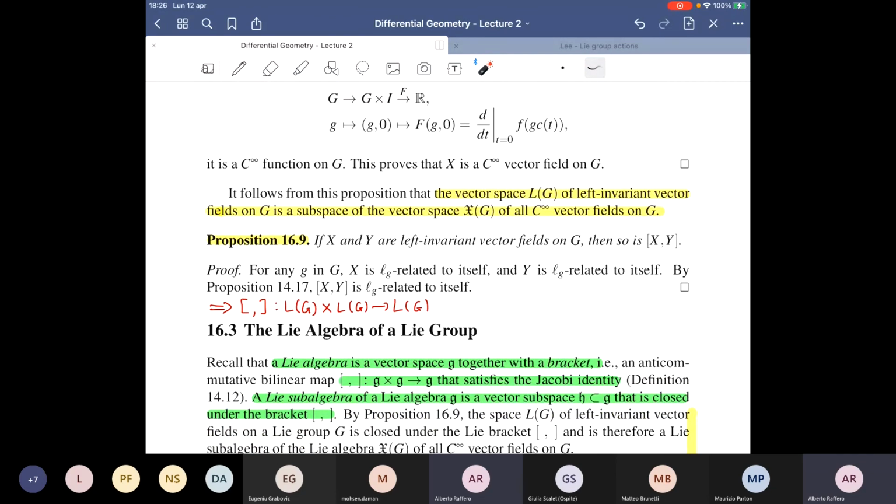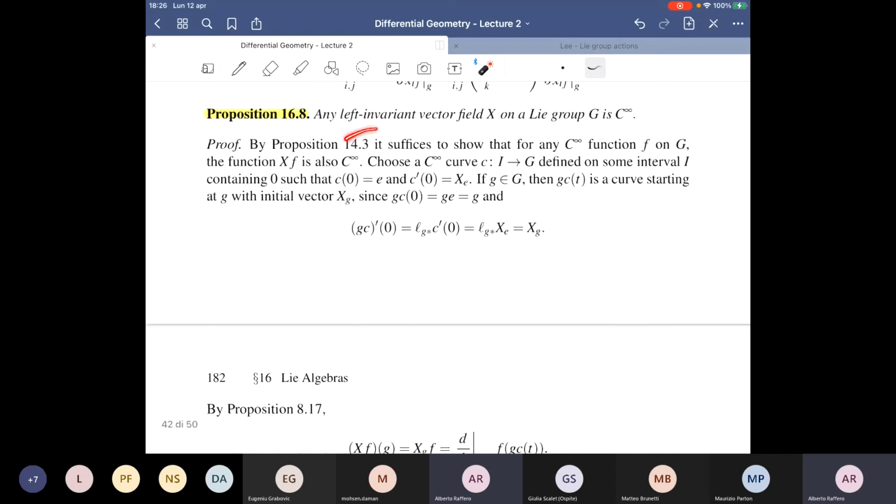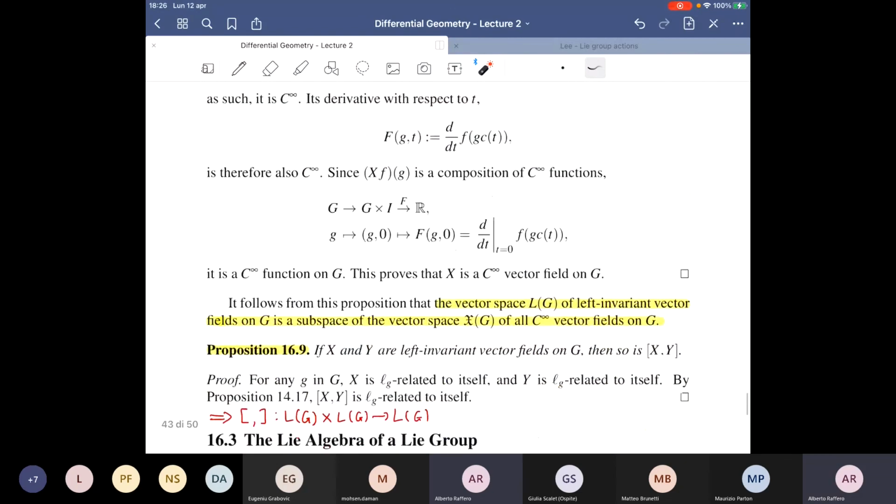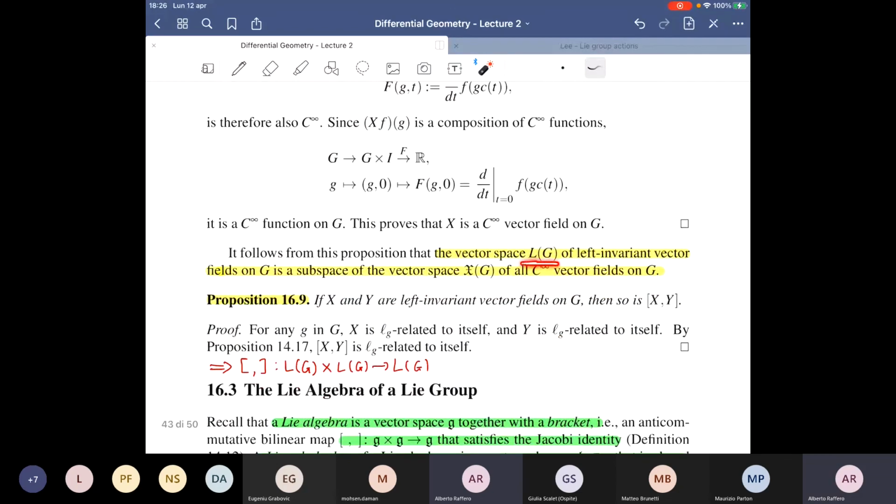So from this proposition, from the fact that every left invariant vector field is smooth, you get that the vector space of left invariant vector fields is a subspace of the space of all smooth vector fields of G. And in particular, if you have two left invariant vector fields, then also their Lie bracket is left invariant. This is because since X and Y are left invariant, they are algebraically related to themselves.